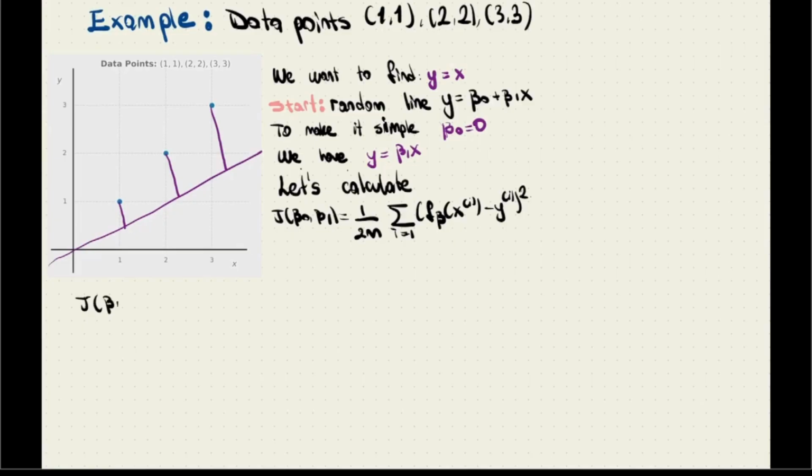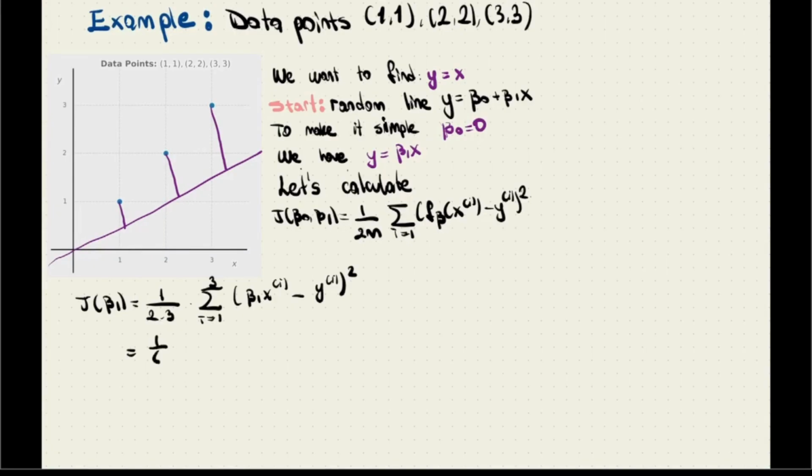So the cost function is 1 over 2 times 3, m equals 3, because we have 3 data points. And then we write down the line formula minus yi. So this is the sum of the square of the errors.